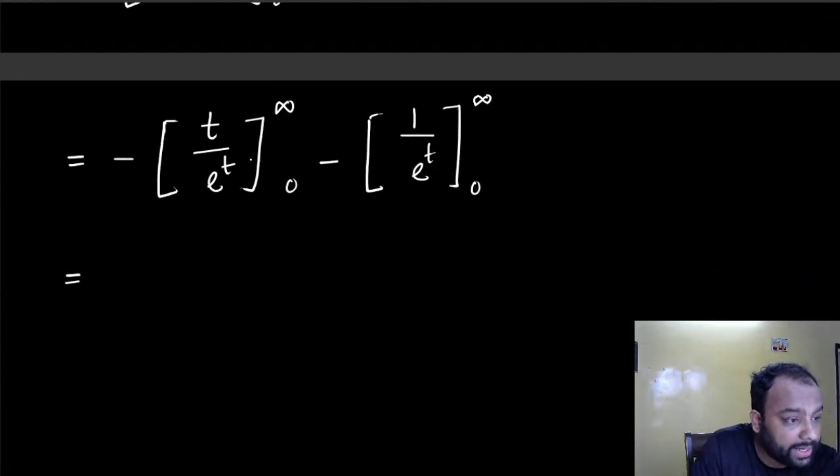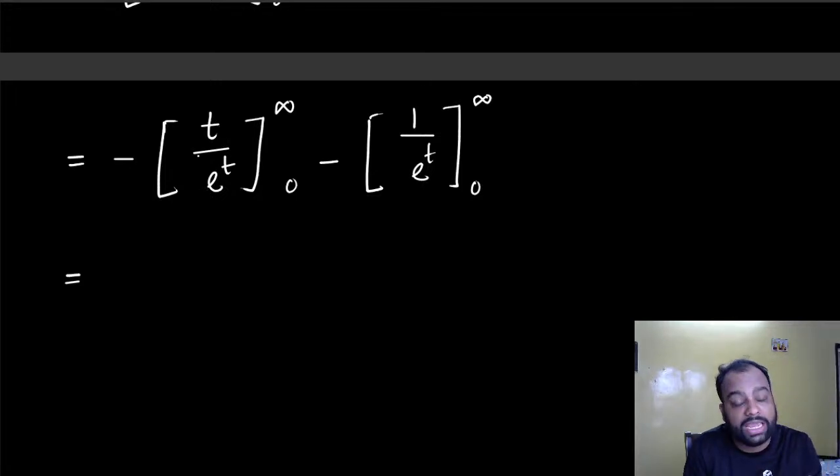So here, look at this one. When I put infinity as the upper limit, look carefully what I have. I have t, a very large number, infinity, divided by e to the power infinity, an even larger number, right? So think about infinity as 100, say. If this is 100 in the numerator, then in the denominator I would have e to the power 100.